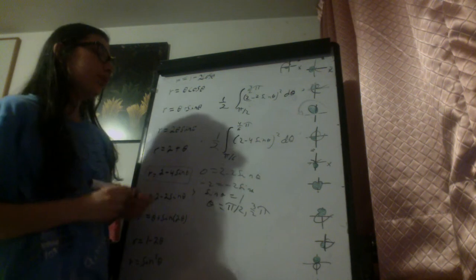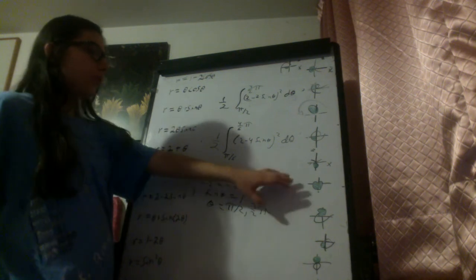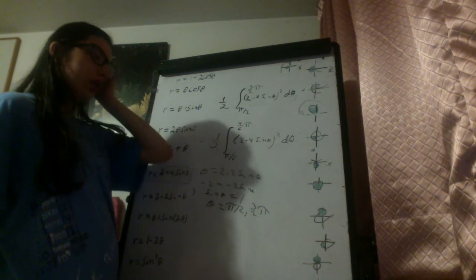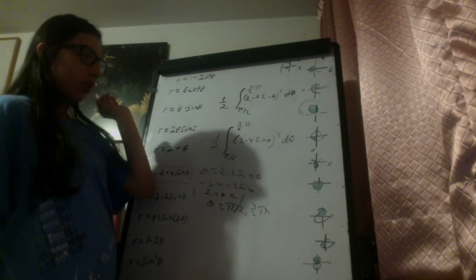Here again it was very useful to go from one 0 to another 0 of r instead of finding the theta angles.